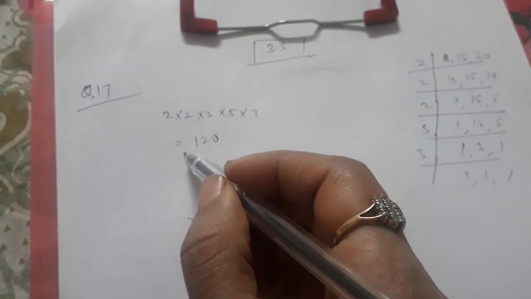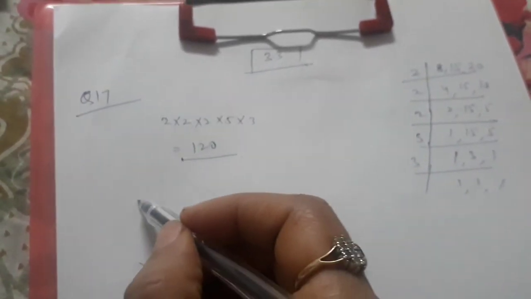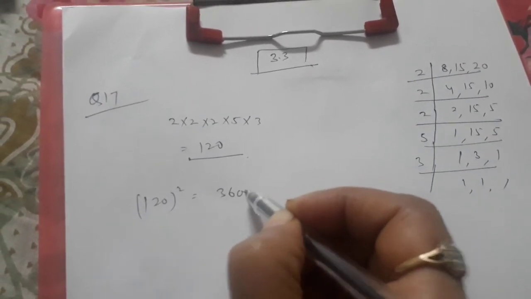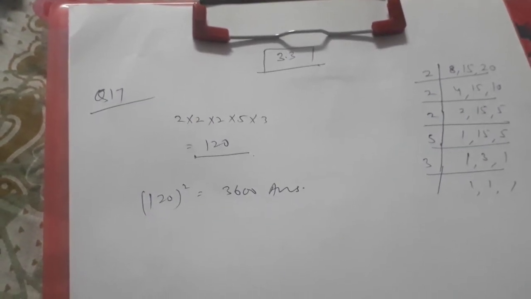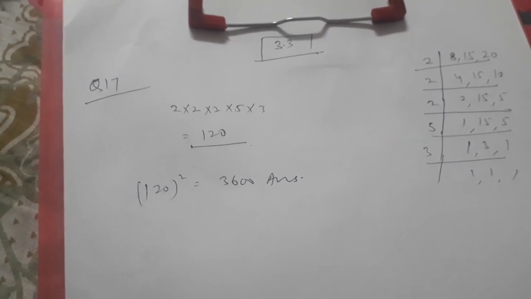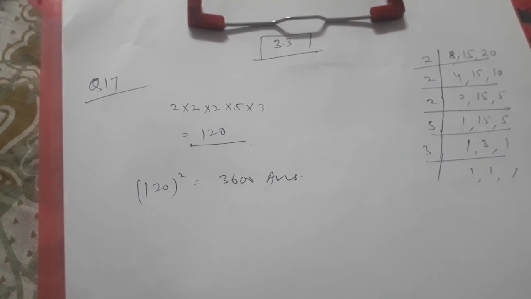So we have the LCM of 8, 15 and 20 as 120, and squaring it, 3600 is the number, or you can say the smallest square number that is divisible by each of the given numbers 8, 15 and 20. So have a full glance.